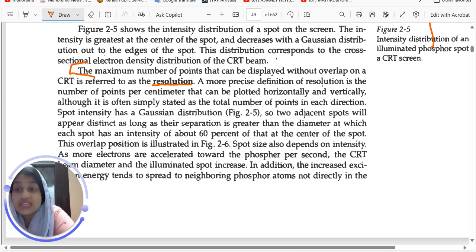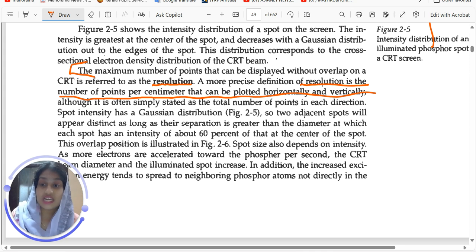A more precise definition of resolution is the number of points per centimeter that can be plotted horizontally and vertically, although it is often simply stated as the total number of points in each direction.